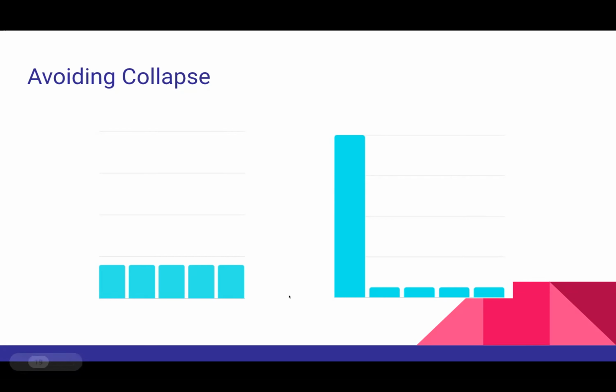But there are actually no useful features being extracted here. Same thing if the student and teacher output the same particular value every single time, the same dimension. They're going to think they're doing perfectly, but we're not getting any useful information out of this. So we need to avoid this collapse between the student and teacher. And this is done using two methods.